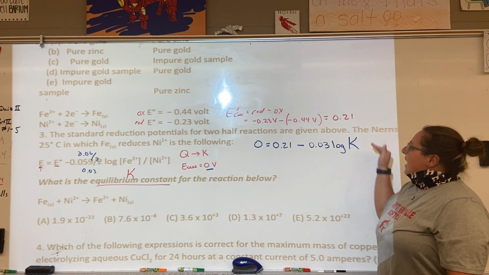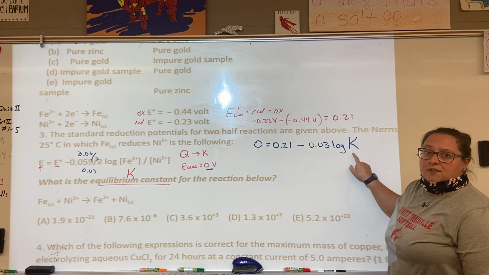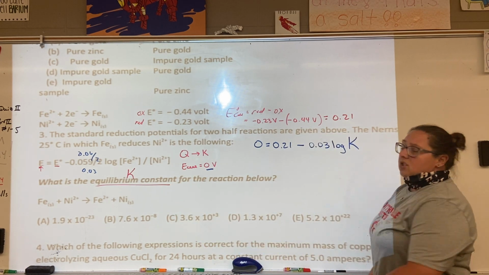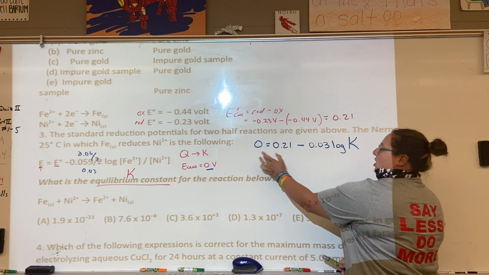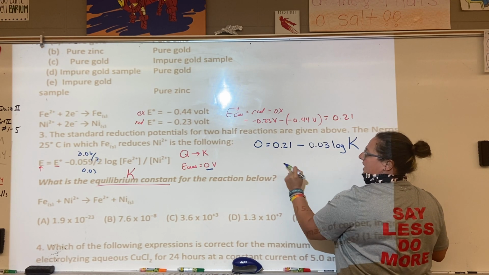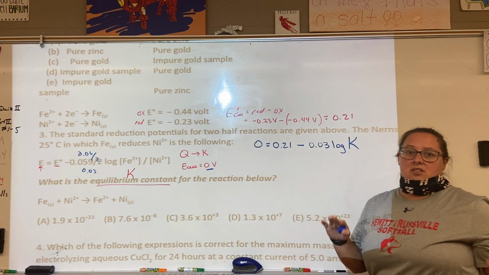Now that we have our equation set up, we're just working algebraically to solve for K, because that is what the equilibrium constant is. So the very first thing I have to do is subtract the 0.21 because it's put together here by addition and subtraction. I'm sorry, not multiplication, that was wrong.